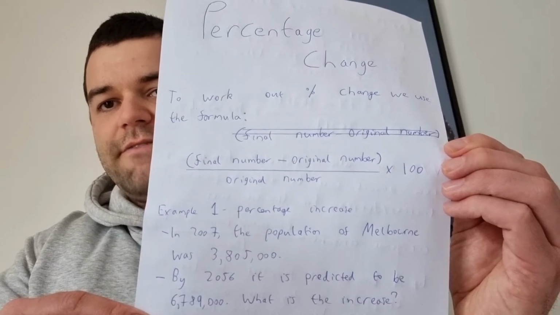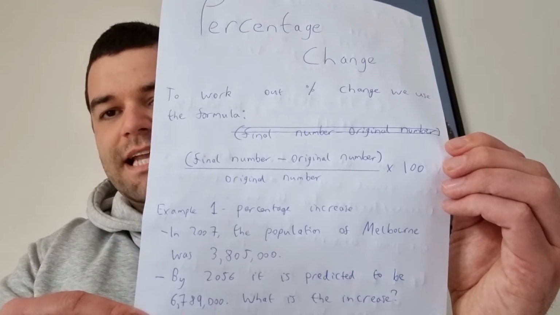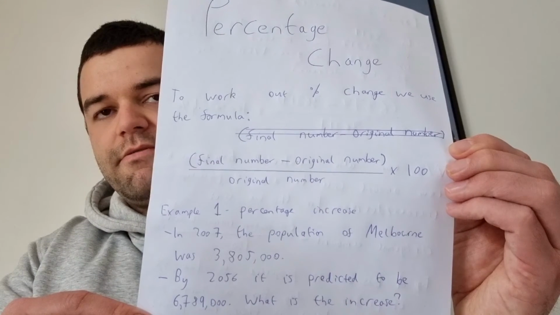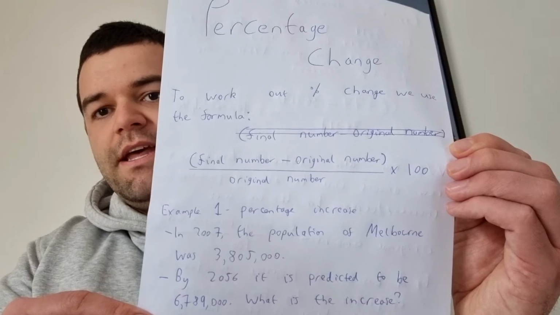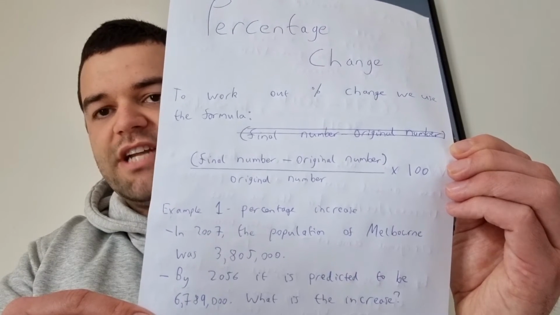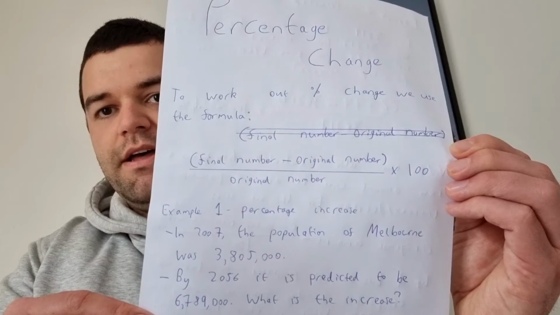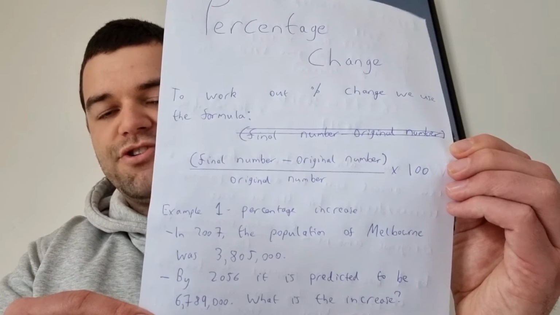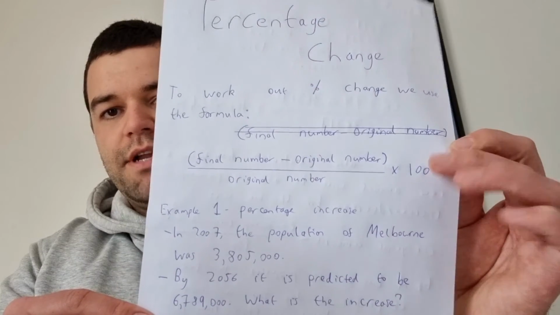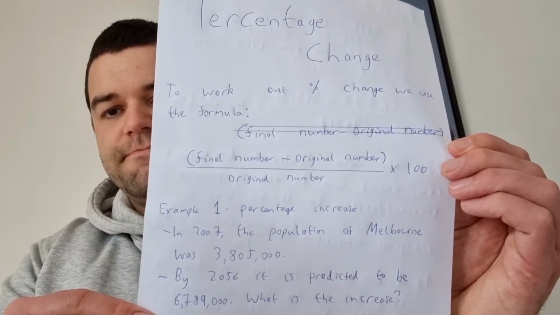So using that formula, I want you to try and work out what the percentage increase is predicted to be. Just to help you with the formula, in this example, the 6,789,000 is the final number, and the 3,805,000 is your original number. So pause that, put it into the formula, and see if you get it right.